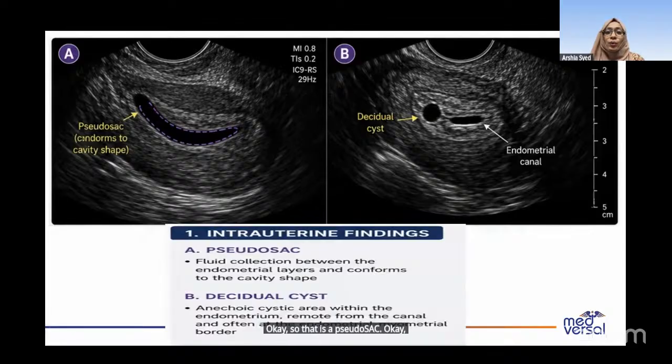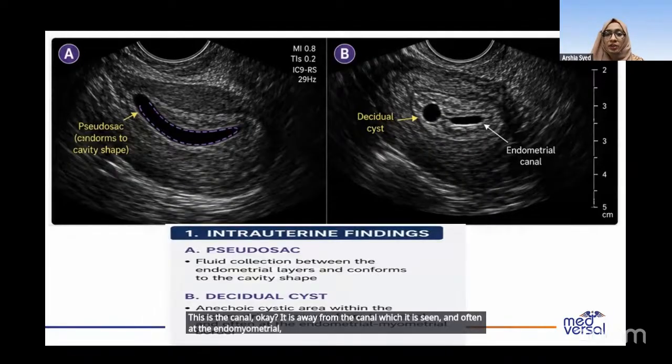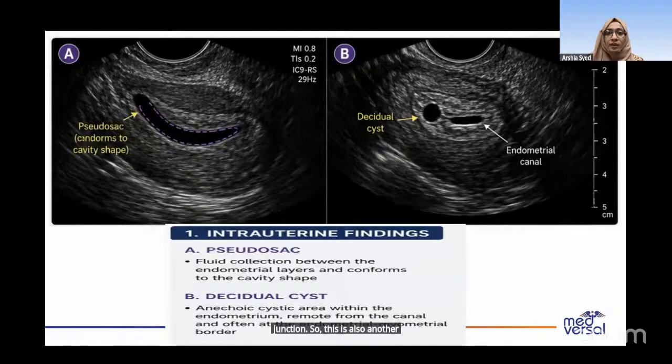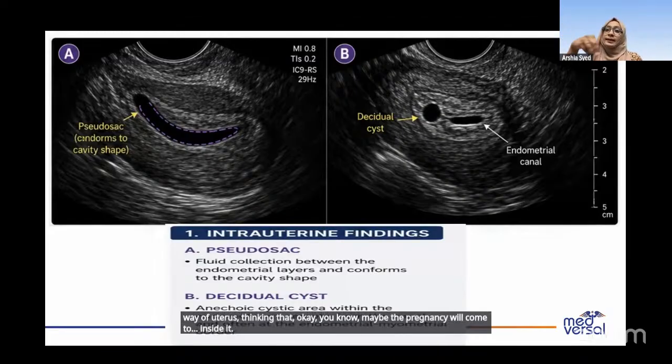Okay, next, another finding is a decidual cyst. These are anechoic cystic areas within the endometrium, remote from the canal. So this is the canal. It is away from the canal, and often seen at the endomyometrial junction. So this is also another way of the uterus thinking that maybe the pregnancy will come inside it.